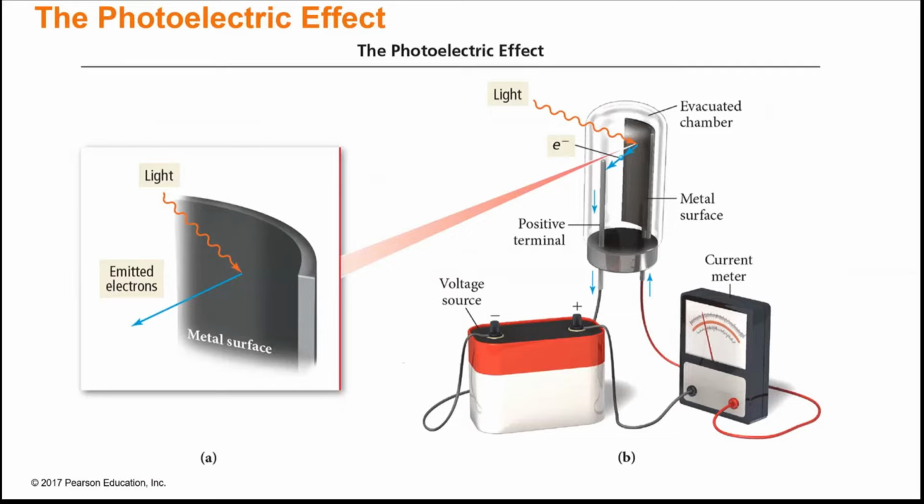One of those joules is used to emit the electron. The other joule doesn't just go away. It's used to give the electron kinetic energy. So the energy of the light coming in equals the energy that is required to emit the electron, plus the kinetic energy of the electron coming out.